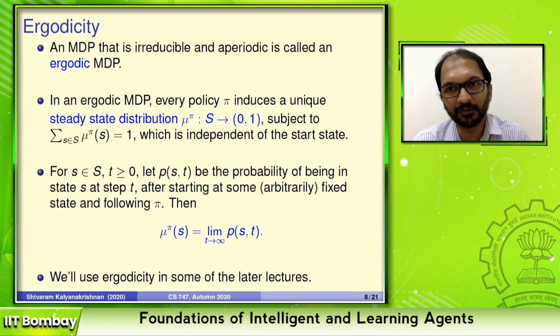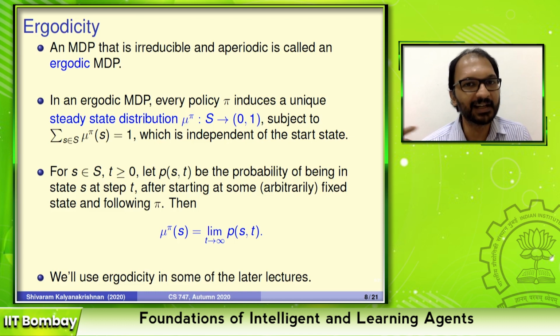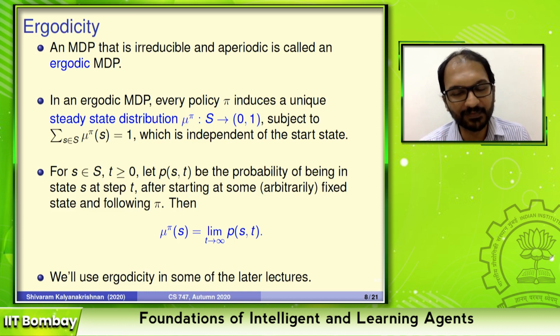If you spend an infinite amount of time in the MDP, doesn't matter what you do, you'll keep revisiting. Aperiodicity also tells us that not only will you revisit, you will not be visiting any state only at time 3, 6, 9, 12. You will actually be visiting it at time steps which don't have a period that's greater than 1.